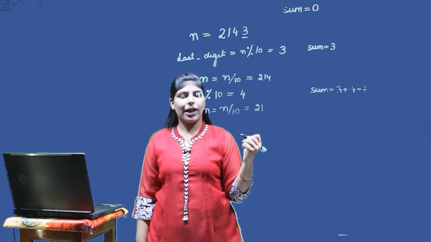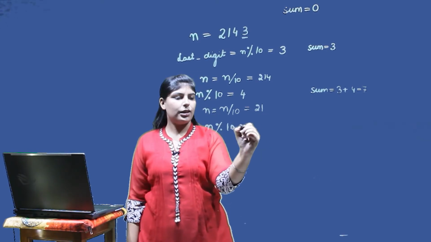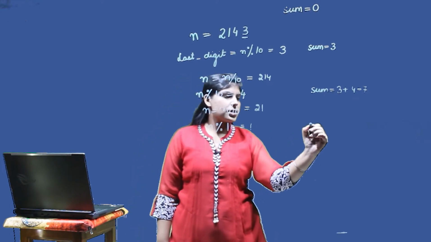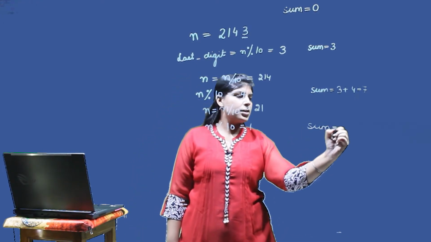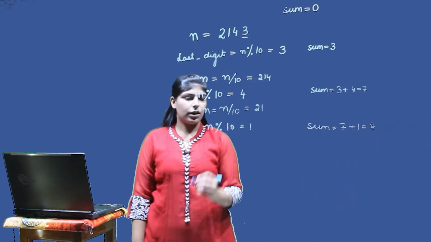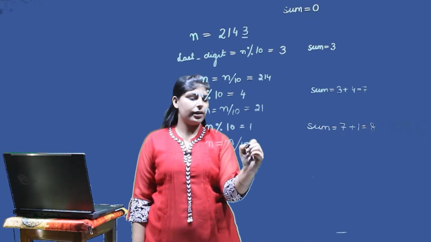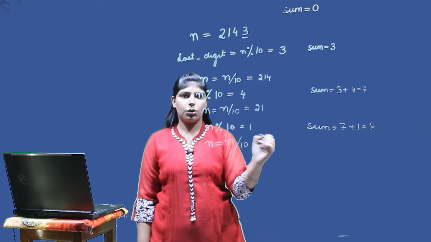Now again we can calculate the last digit of this number as n mod 10. That will be equal to 1. So sum will be updated to 7 plus 1. It will become 8. Again we can update n as n is equals to n divided by 10. Now the number is 2.